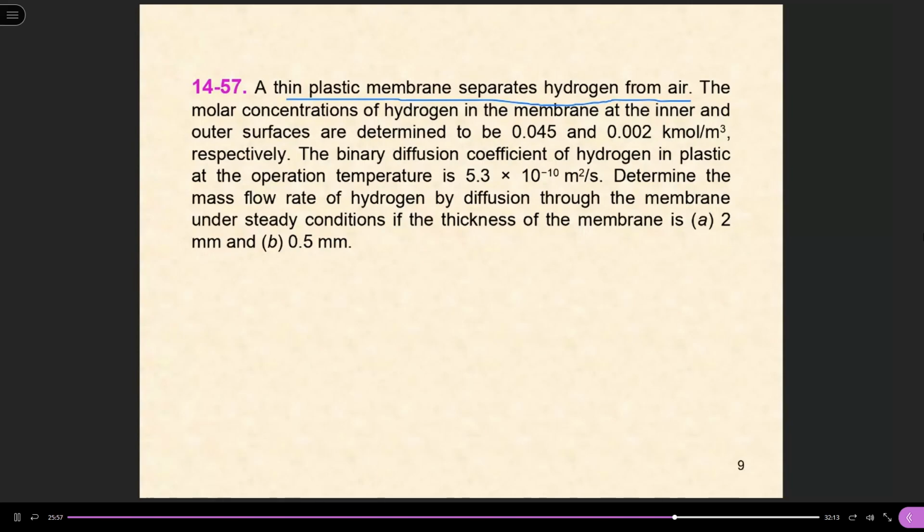Here we have the molar concentration. The binary diffusion coefficient of hydrogen in plastic is this one. On the two sides, outside this is air, and inside it's hydrogen.